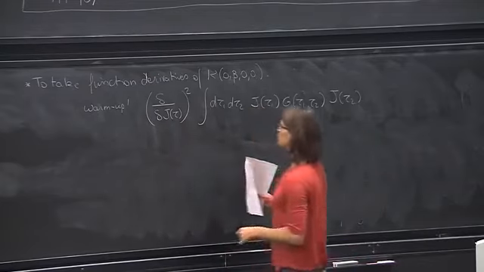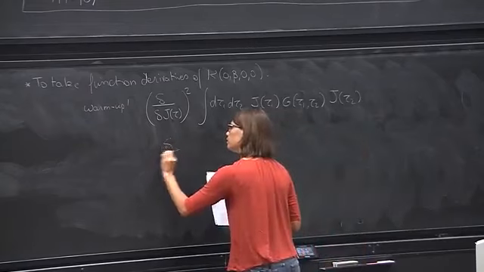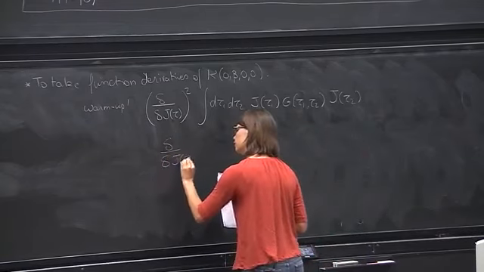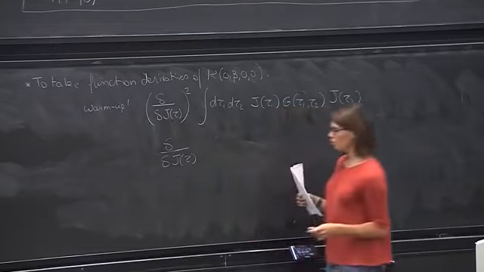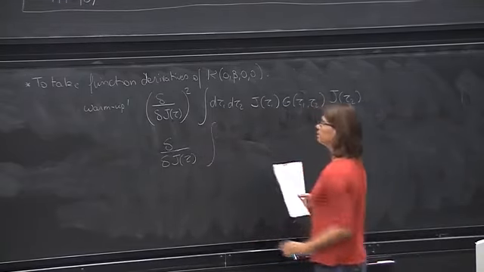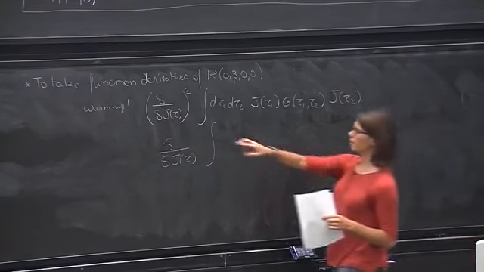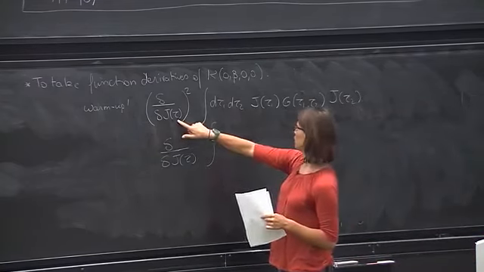So let's do the first derivative. So this means that we're going to be left with one derivative. Okay, so what do we get here? How can I act with my G of tau here?